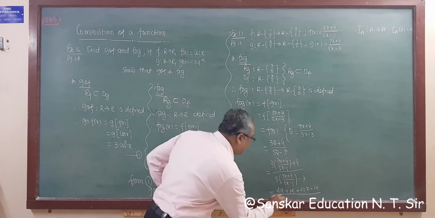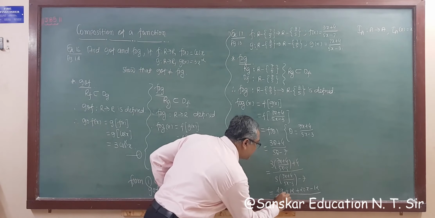So this is 35x plus 20 minus 35x plus 21. In the numerator 12 cancels, so we get 21 plus 20, that is 41x. In the denominator 35 cancels, it is 41. So finally we get x.